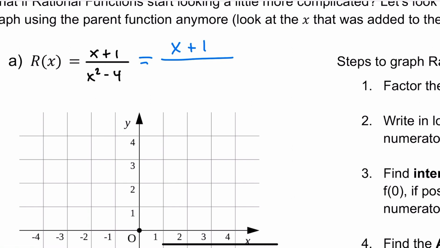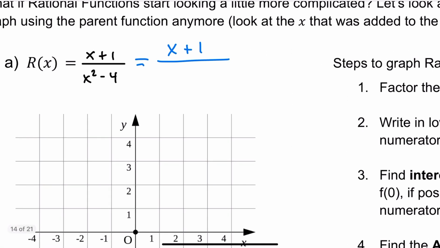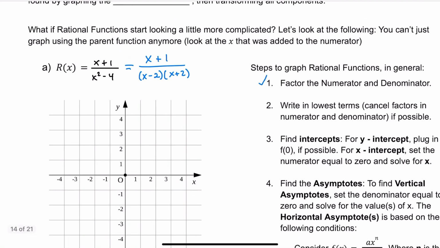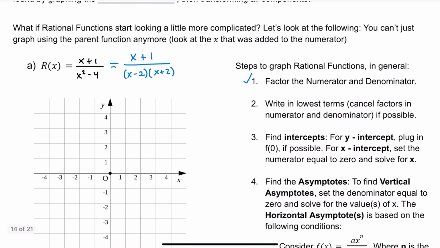With a little bit of experience, you'll realize that the bottom can be factored out. In fact, the bottom is a difference of squares. And so as we may have covered in class, this becomes x minus 2, and this is x plus 2. Now we fully have satisfied number 1. We factor the numerator and the denominator. In this case, it was only the denominator that needed to be factored.